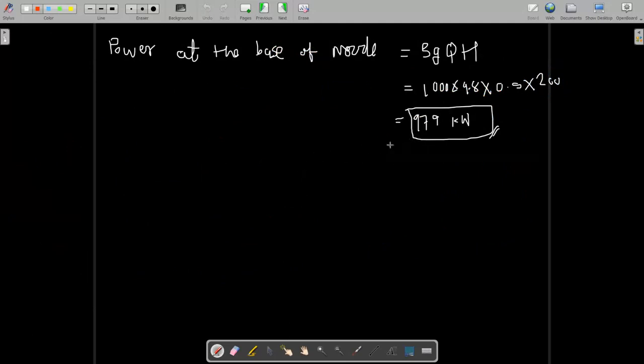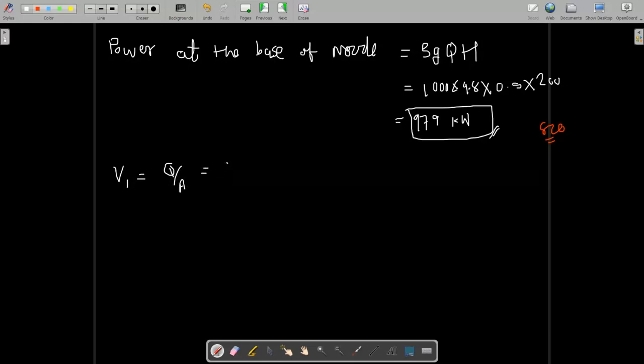So here we can easily say that there are some losses from 979 to 820, and there are losses in different stages. So what are these losses? We have to find that, and the efficiency associated with this. So now what is the velocity at exit of the nozzle? This is known as v1. Suppose we are writing v1, it is discharge upon exit area.